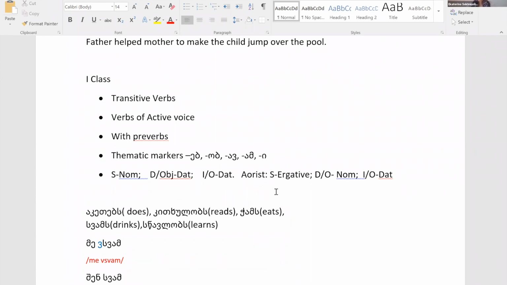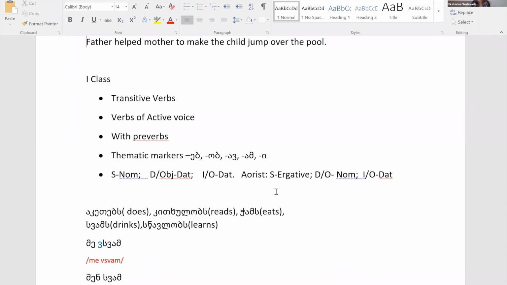A couple of words about ergativity. Ergative is a case specific to just several languages: the Basque language, Georgian, and a couple of Caucasian languages. Mainly they say this is the case for the past tense.